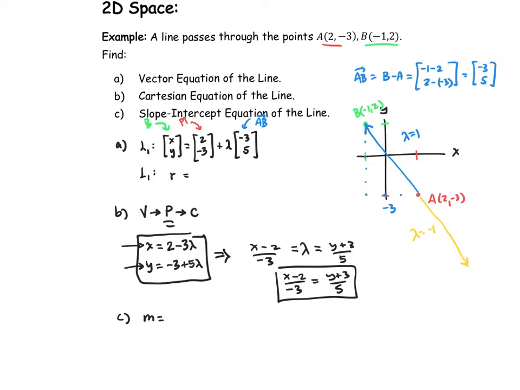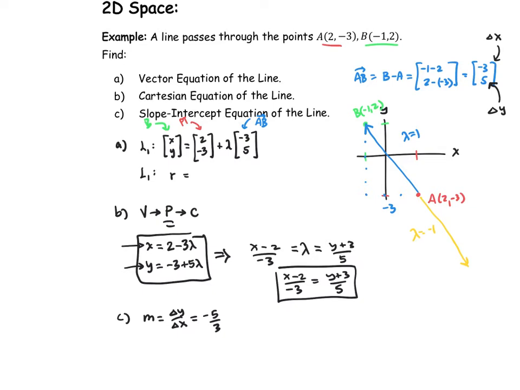Well, we know the slope is the change in y over the change in x, and we talked about that on the previous slide, actually. So the change in y of this vector is 5, and the change in x is negative 3. So the slope of this particular line is negative 5/3. I can have the negative wherever I want it, it doesn't really matter.